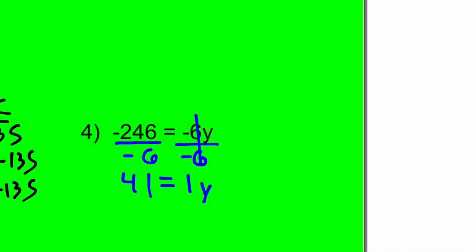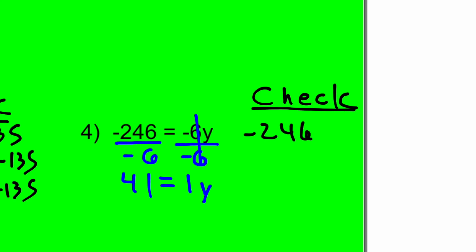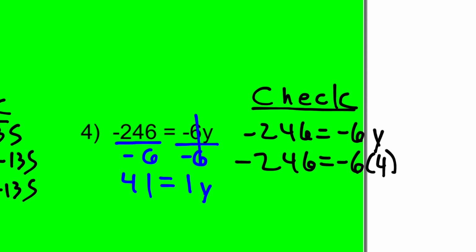And then the check. So negative 246 equals negative 6y. I will substitute in my value, negative 6 times 41. And that is true.